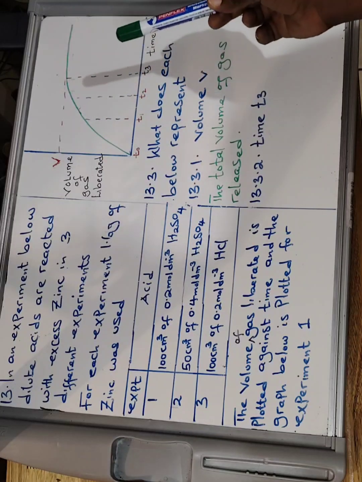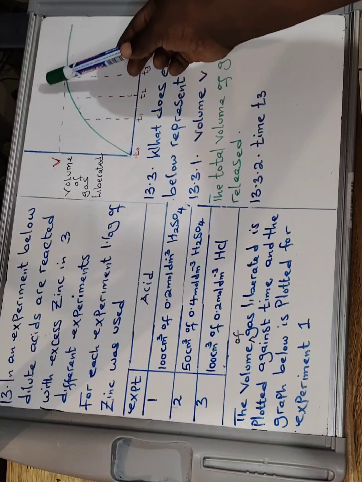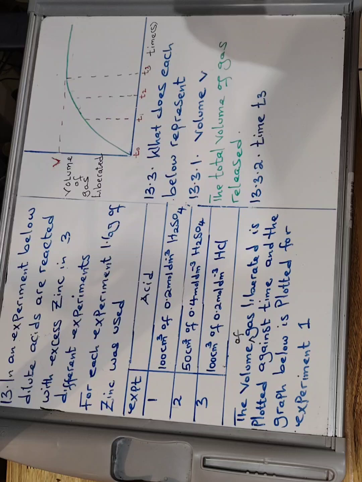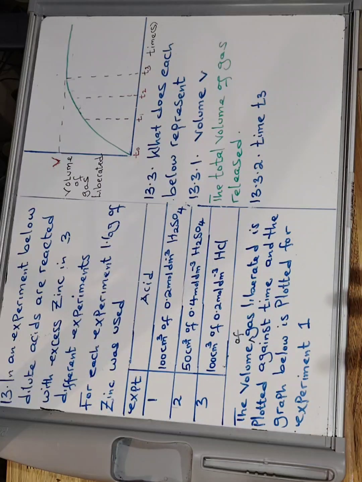The graph flattens. And the flattening of the graph means that no more gas is being liberated. What does that mean? Reaction has stopped. So T3 is the time for the reaction from start to the end.